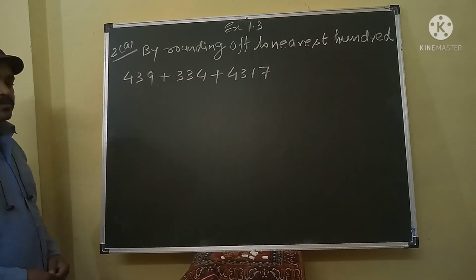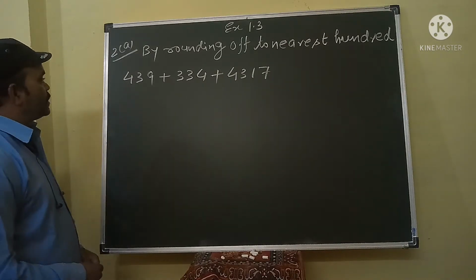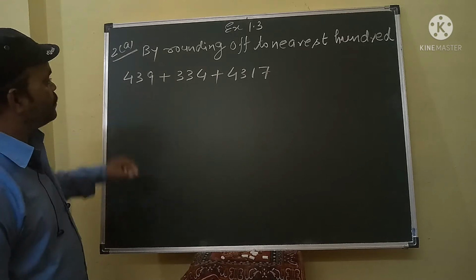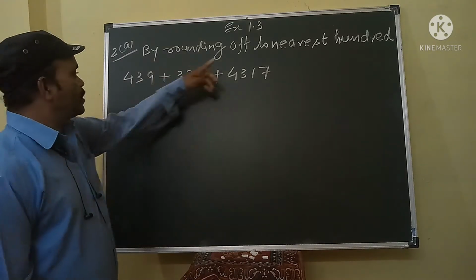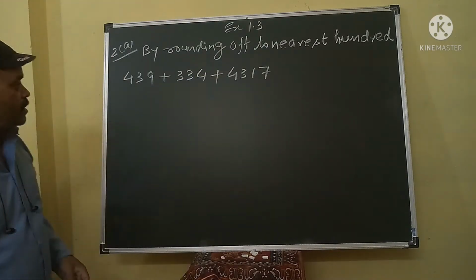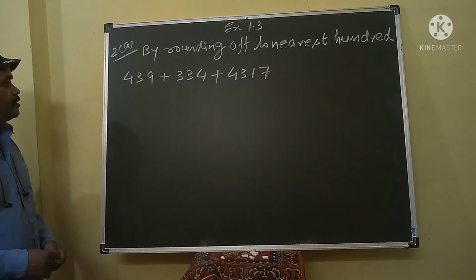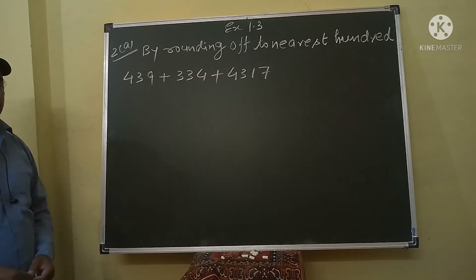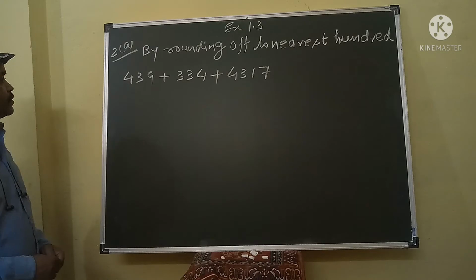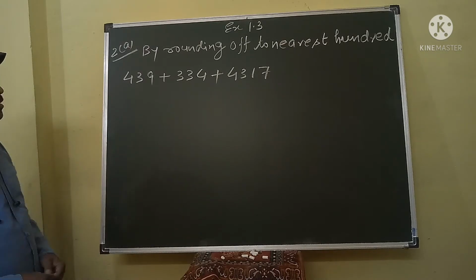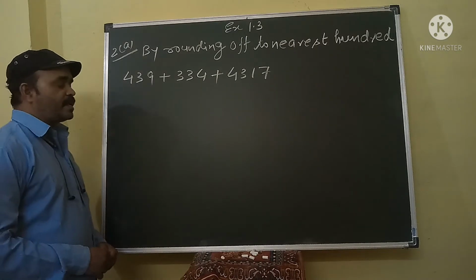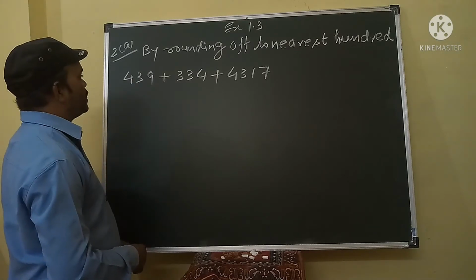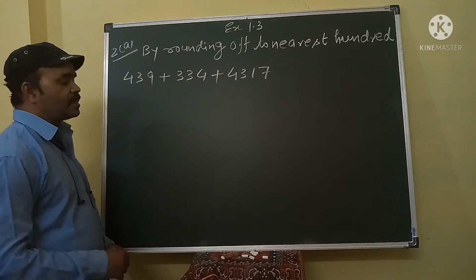That question is divided into two parts. In the first part we will find the rounding off to the nearest 100, and then we will find the rounding off to the nearest 10. So according to the question, first we will round off to the nearest 100.